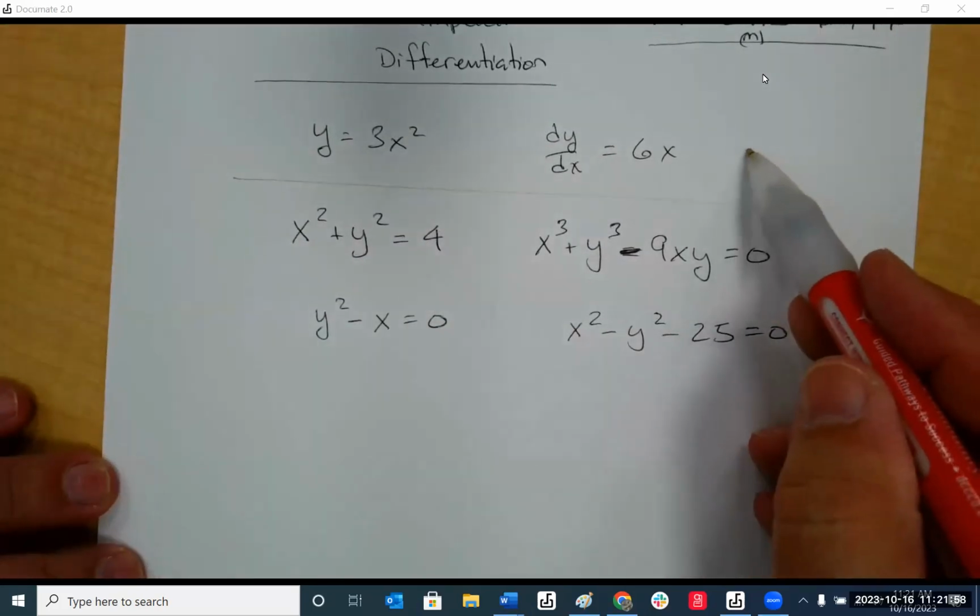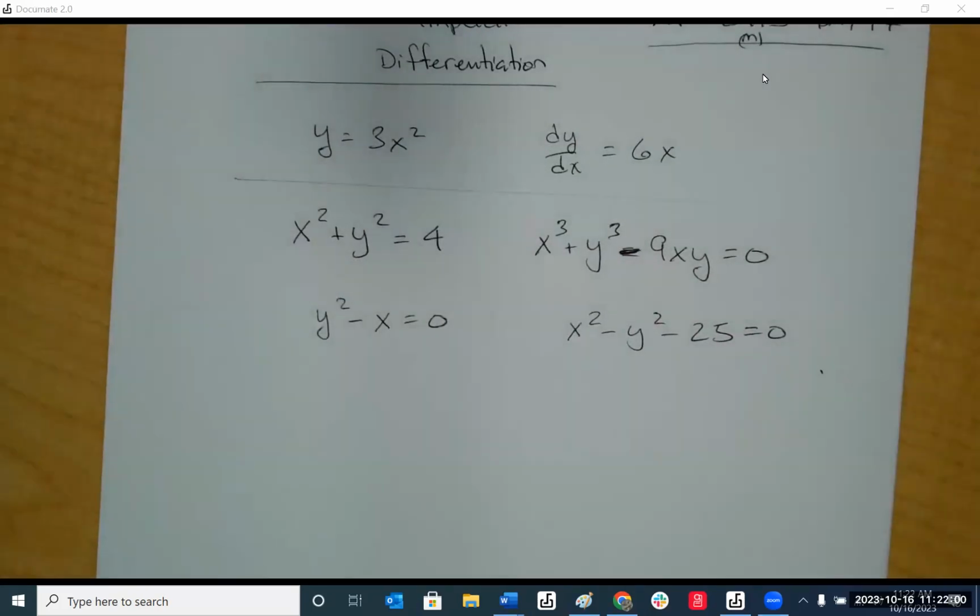So this was then, this is now. With what we know so far, we can't really differentiate a lot of these.